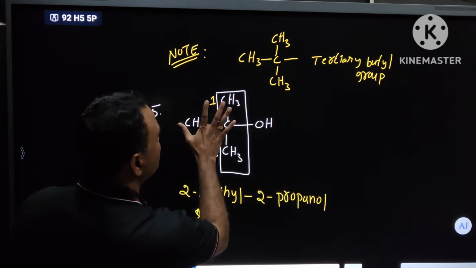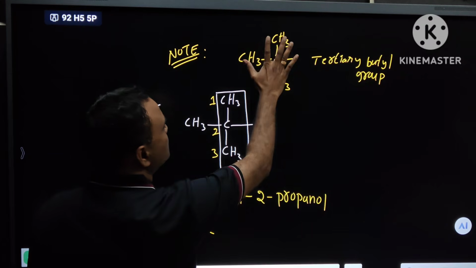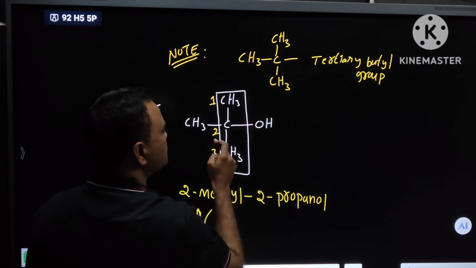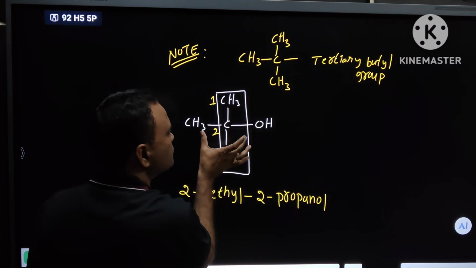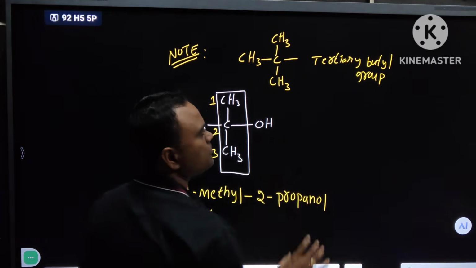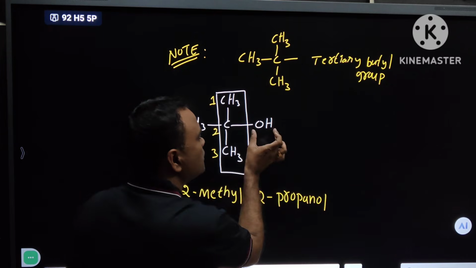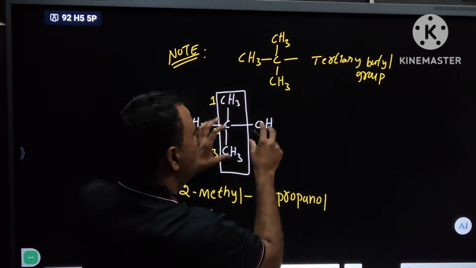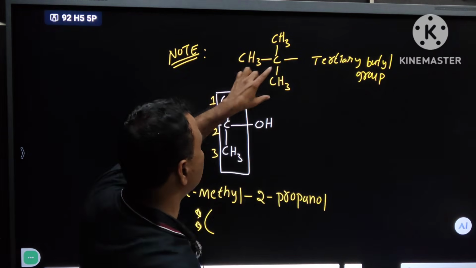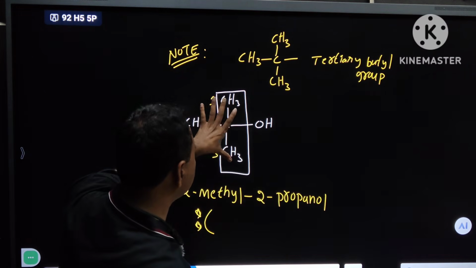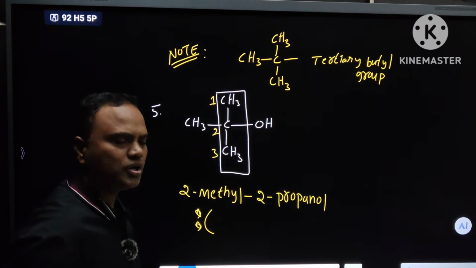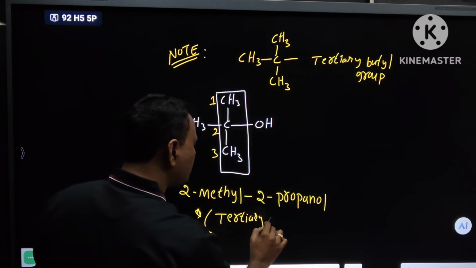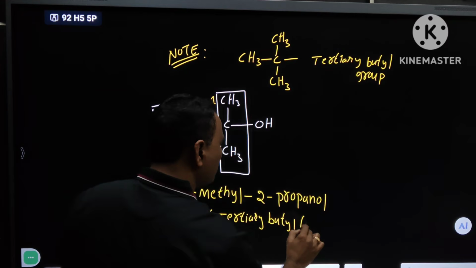You tell me, this part resembles this CH3 on the middle carbon. So this is tertiary butyl, and this is alcohol. So tertiary butyl alcohol. This is tertiary butyl, that's why I gave this. This is tertiary butyl, this is alcohol, tertiary butyl alcohol. The common name is tertiary butyl alcohol.